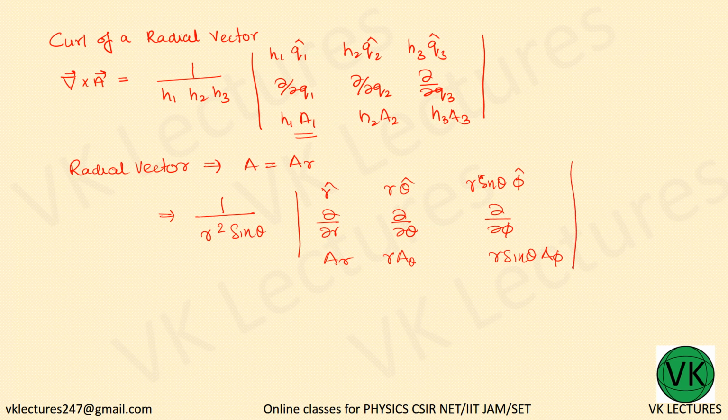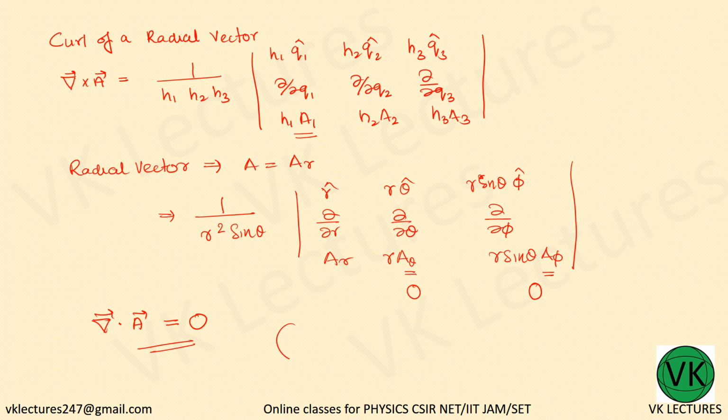Now for a radial vector you do not have the A theta terms and the A phi terms, so A theta and A phi are 0, and these two quantities will become 0, which means the del cross A will be equal to 0, because it is the curl of a radial vector.